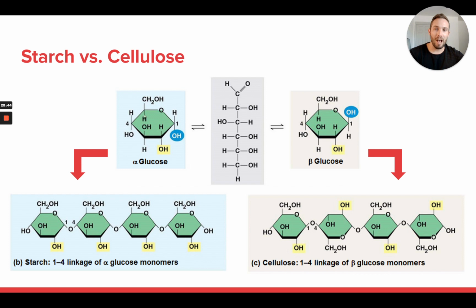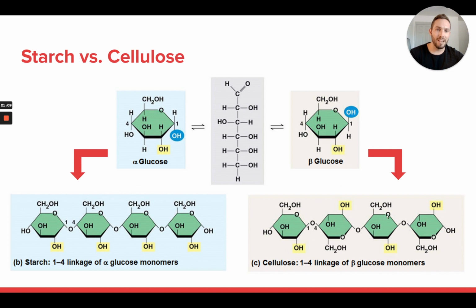Now, if you're putting alpha glucoses together, the glycosidic linkages that connect them, these new bonds, remember I told you these are called glycosidic linkages, are arranged in a certain pattern that's going to be different than when beta glucoses are bonded together. When beta glucoses are bonded together, the glycosidic linkages have a slightly different pattern.